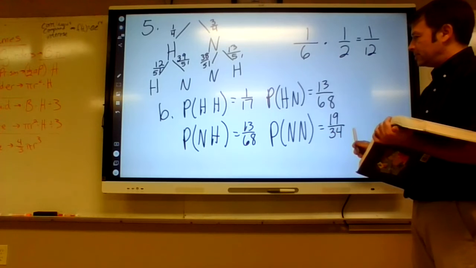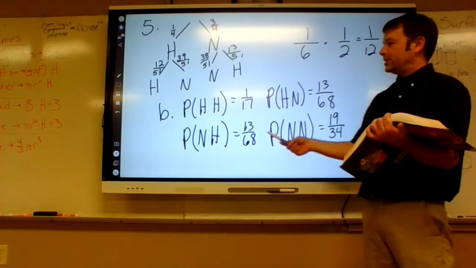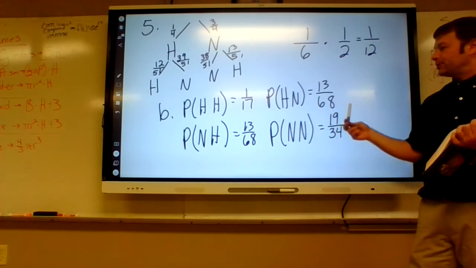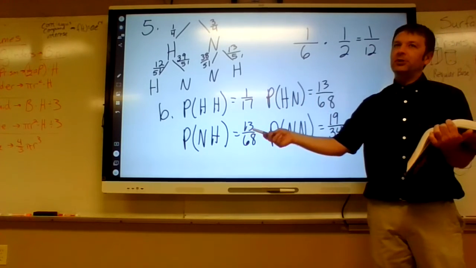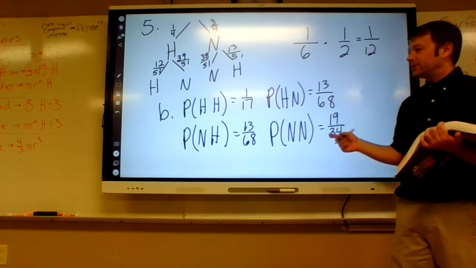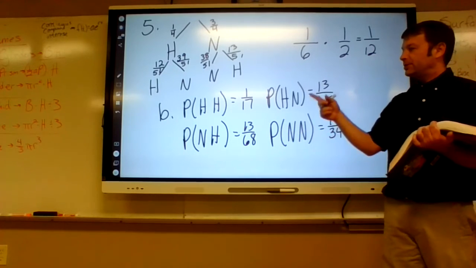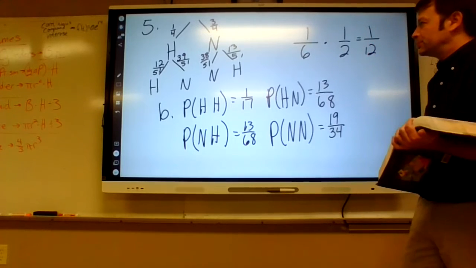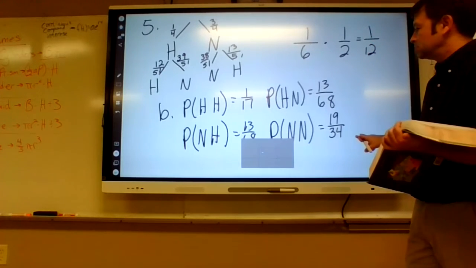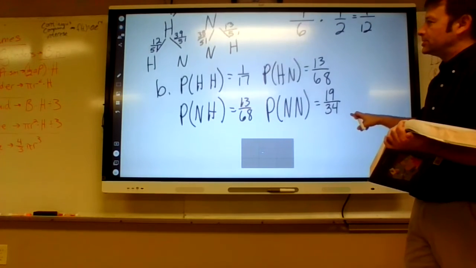Now, if we add all these together, they'll add up to 1, because these are the only 4 possibilities. So they should add up to 100%, but I'm not going to check that.